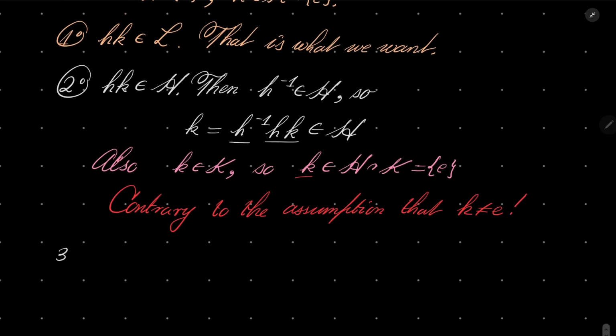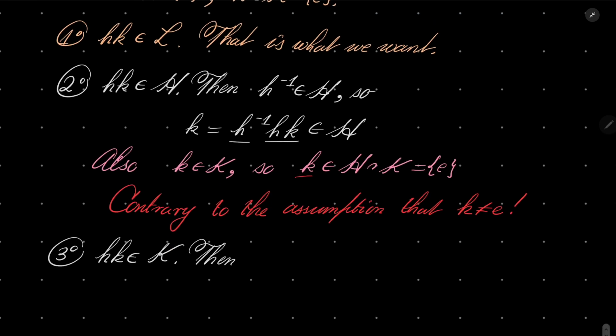Third possibility, hk is in K. Well, then we copy the reasoning. Then k inverse is of course in K because it's a subgroup. So h, also known as hk k inverse, is in K. And we have a similar story going on here.